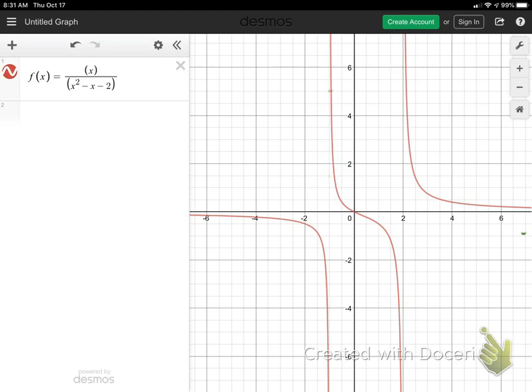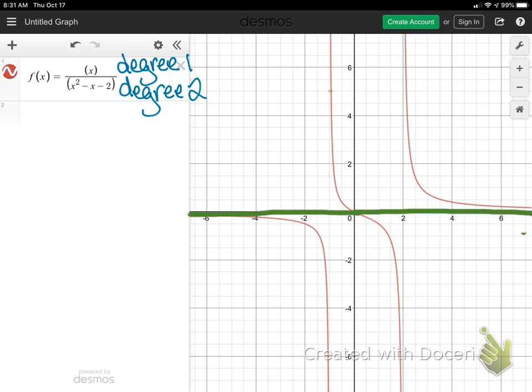That's because my highest exponent in my numerator is 1. So the degree of my numerator is 1. What's the degree of my denominator? Okay, so in this situation right here, that is my horizontal asymptote.